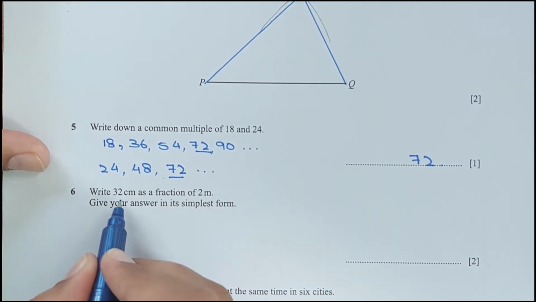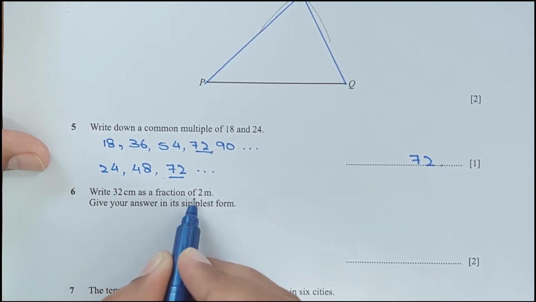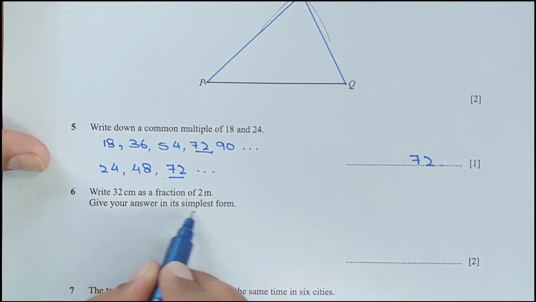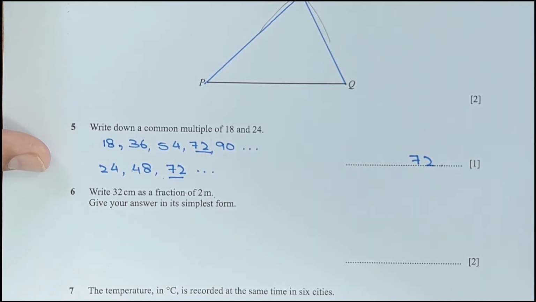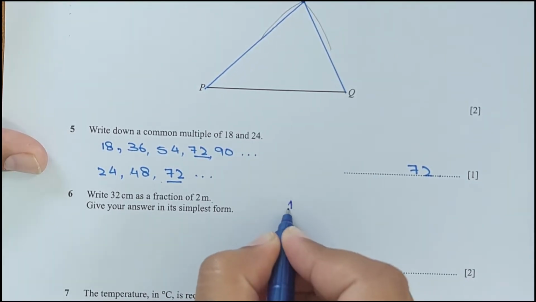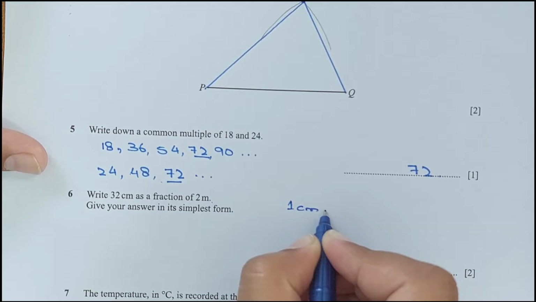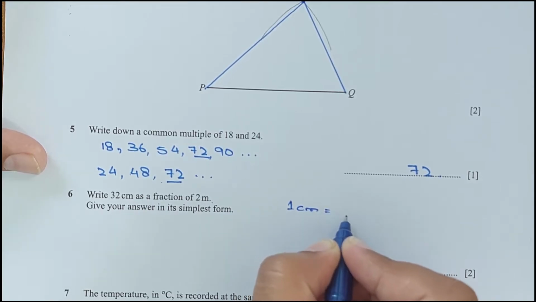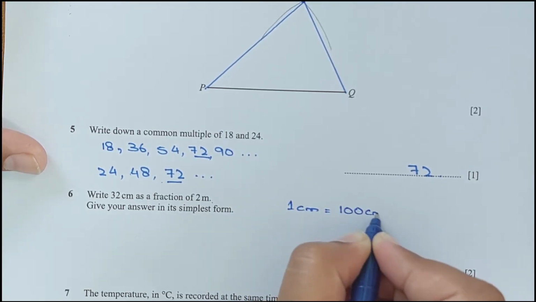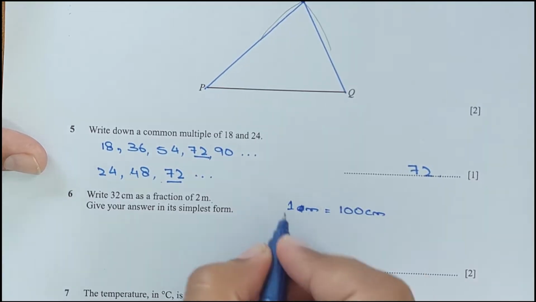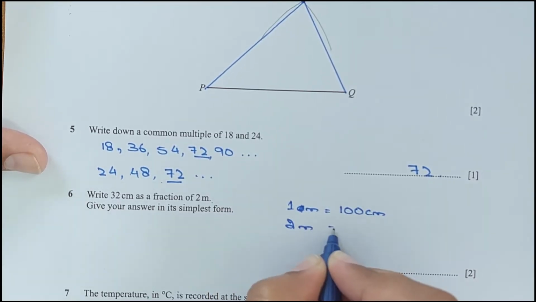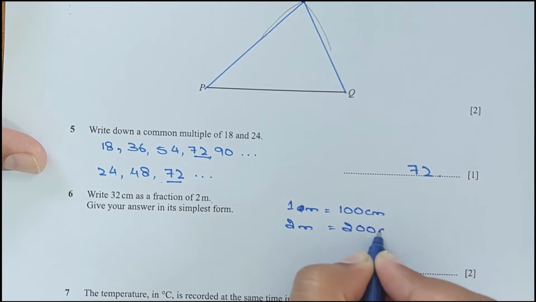Question number 6, write 32 centimeters as a fraction of 2 meters. Give your answer in its simplest form. All right. So we know that 1 meter has 100 centimeters. So 2 meters is equal to 200 centimeters.